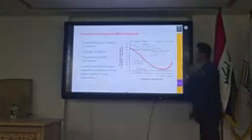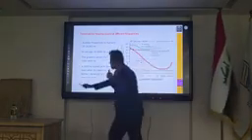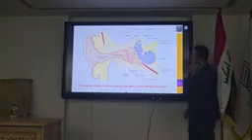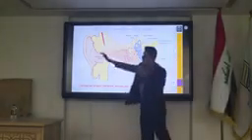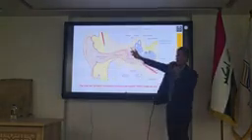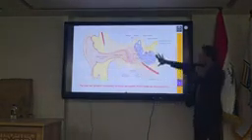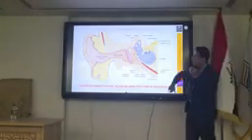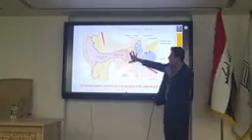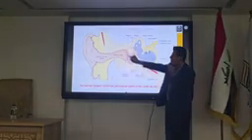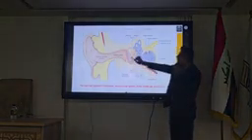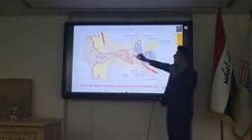Okay. So now let's see the auditory system. We know that we have the external ear, the middle ear, and the inner ear. The middle ear is located here between the tympanic membrane and oval window, and we have ossicles.